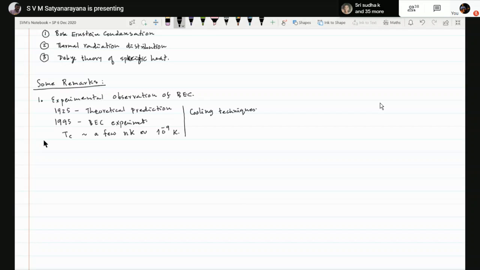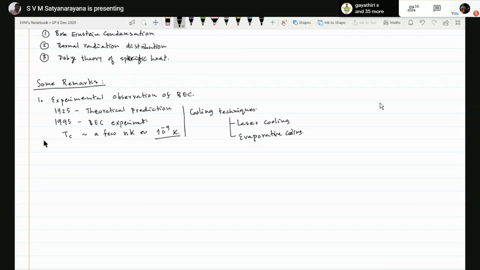One is laser cooling, and then there is another technique called evaporative cooling. By combining these two, people were able to achieve these kinds of temperatures.